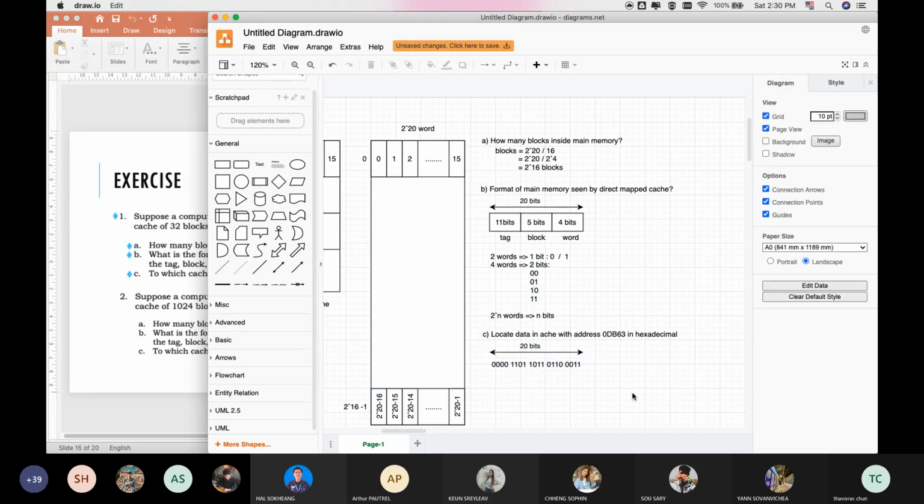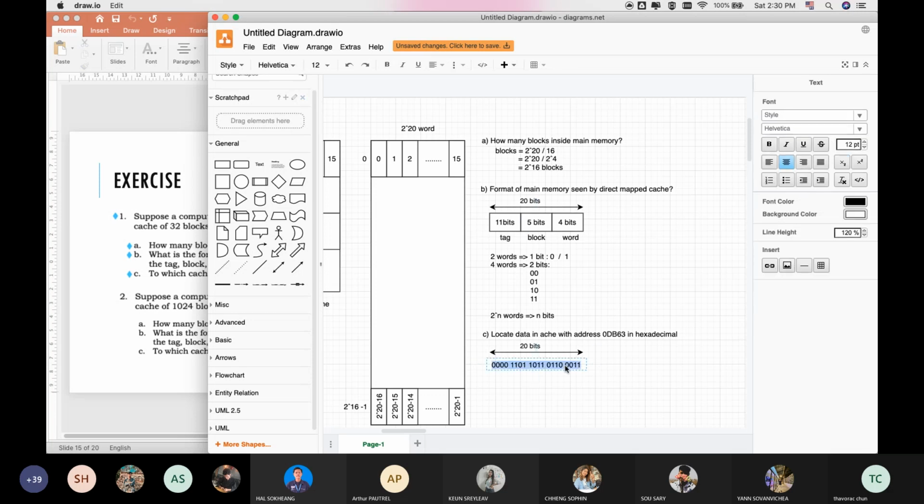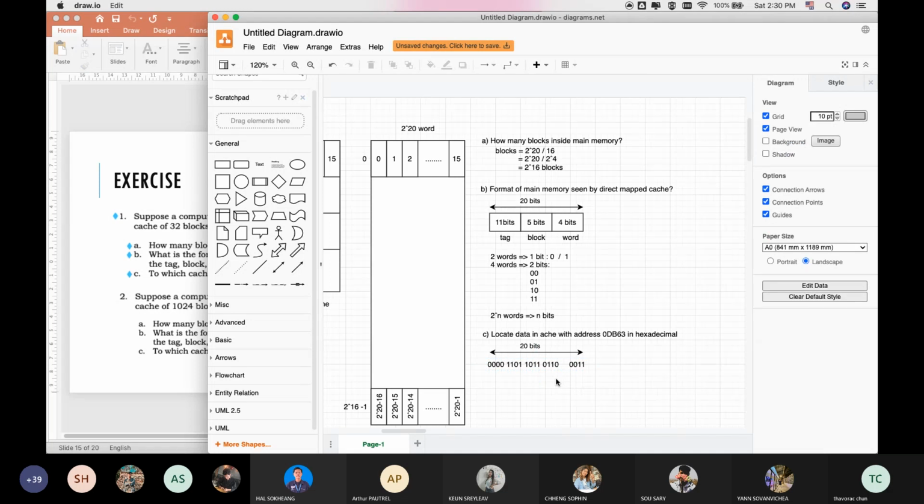Okay, so we have 20 bits here. And then you see the LSB, least significant bits. We have 4 bits of LSB referring to the word section. So let's make some more space to make it easy to see.